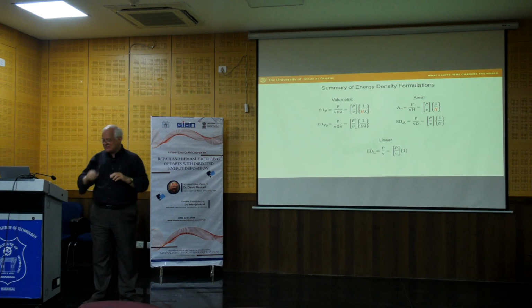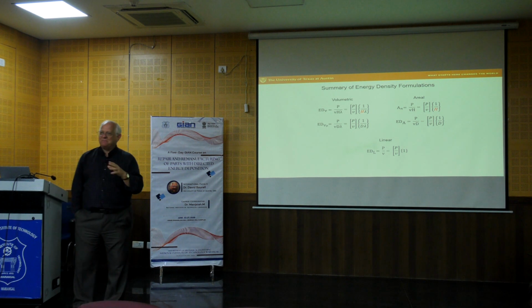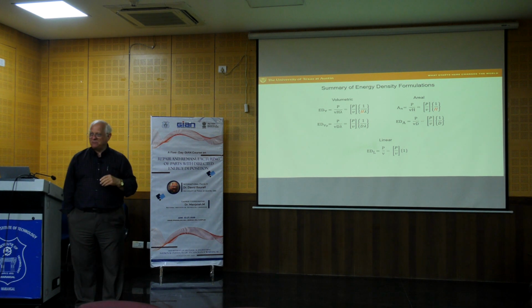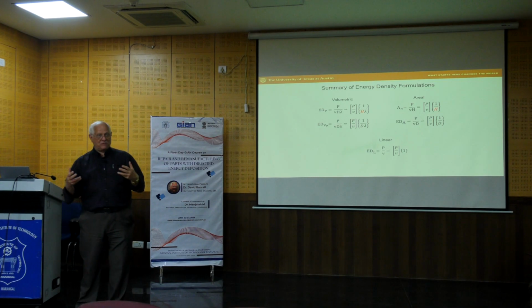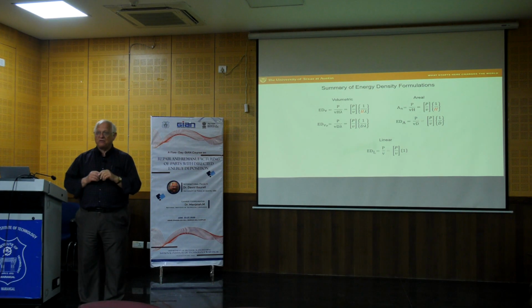So what that means is, you might be concerned, like I was at one point, how are we going to be able to really deal with all these different forms that are out in the literature? Well, it turns out that if the only thing I vary is the power and the scan speed, which are the parameters easiest to vary, the beam size is almost never varied.